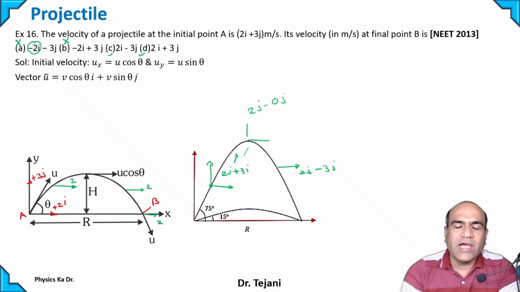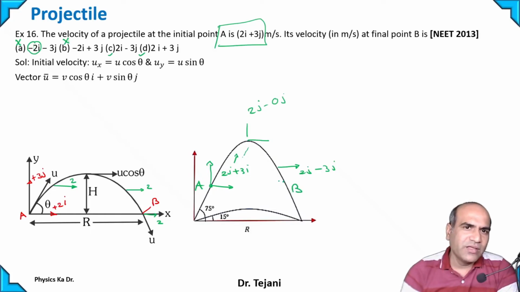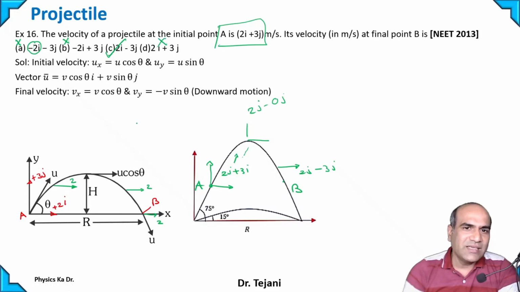You cannot have 2i plus 3j multiple times. At point A and at point B, these values should be different. You cannot have equal values, therefore D is wrong. Only possible is C.